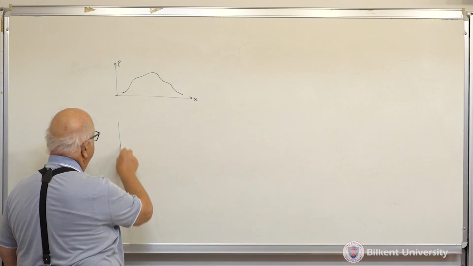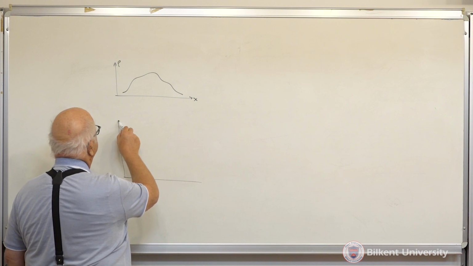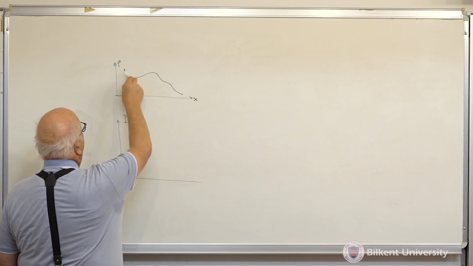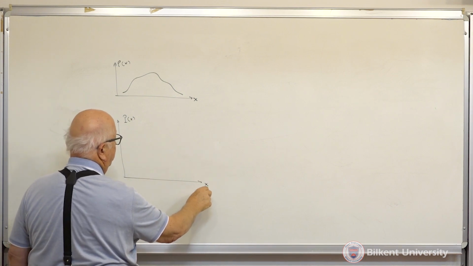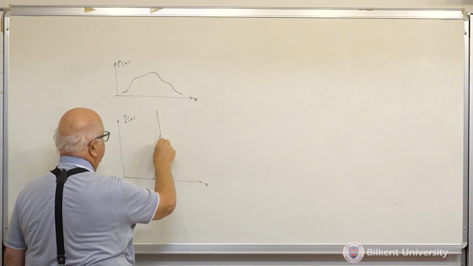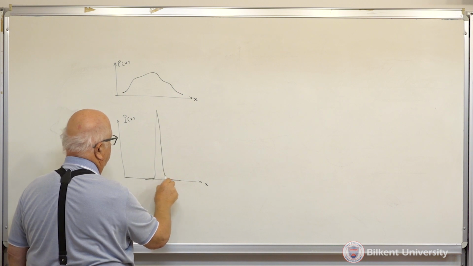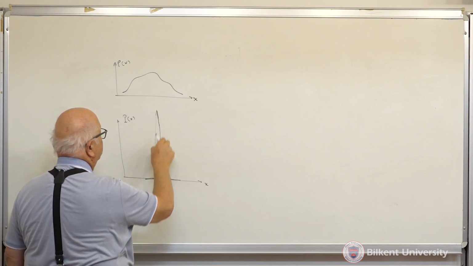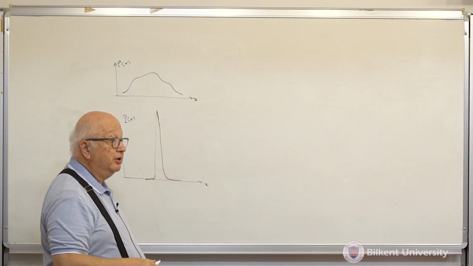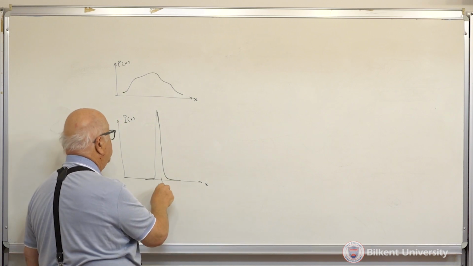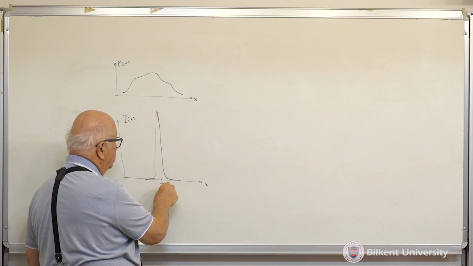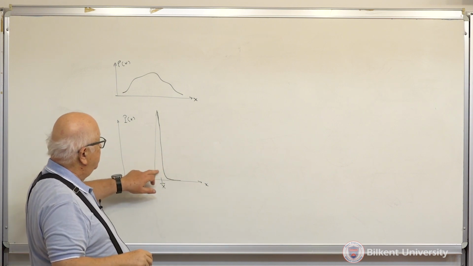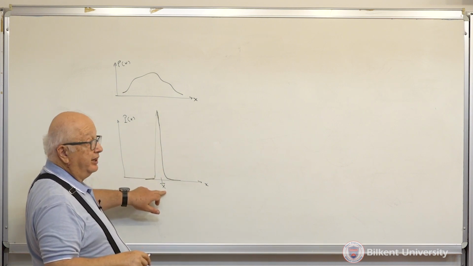Now, if the function was something like this, okay, this is P of x, this is the probability function, as a function of x. If I had something like this, I think you'll agree that there is less uncertainty, okay? I'm pretty sure that the object is near x bar.